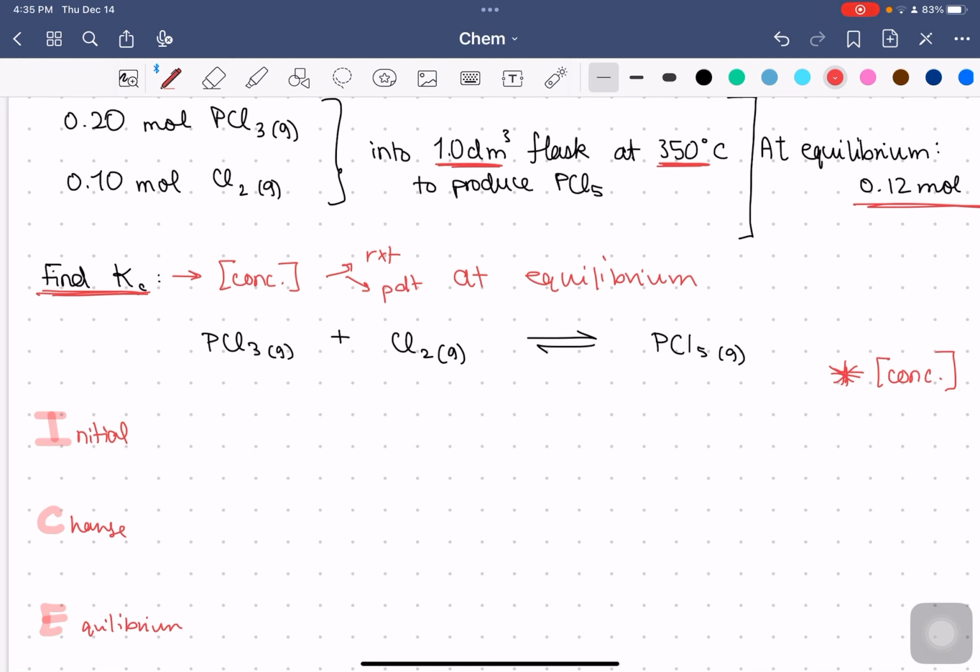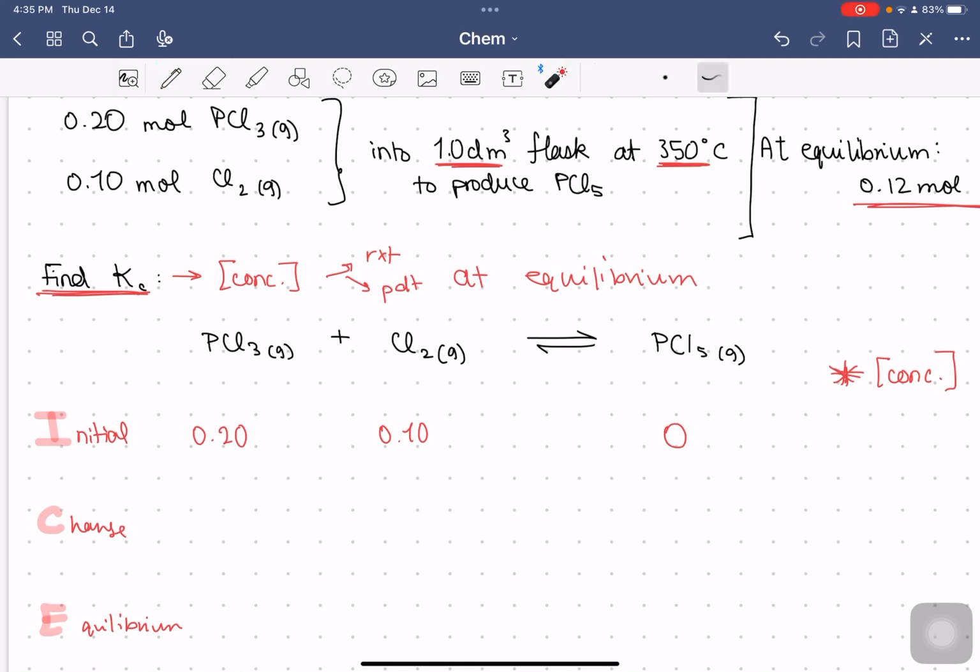So we're going to wind up with the same thing in moles and in concentration. So we have 0.20 moles per decimeter cubed of PCl3. We have 0.1 moles per decimeter cubed of Cl2, and we don't know how much of the product we have, so we're going to put it as 0.